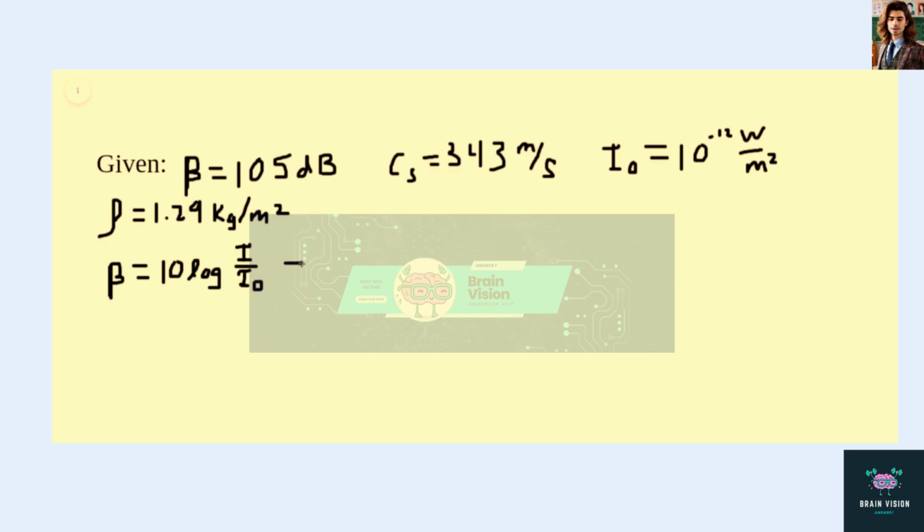So we want to solve for I. First thing we need to do is divide beta by 10 to get rid of the 10. So we have beta over 10.